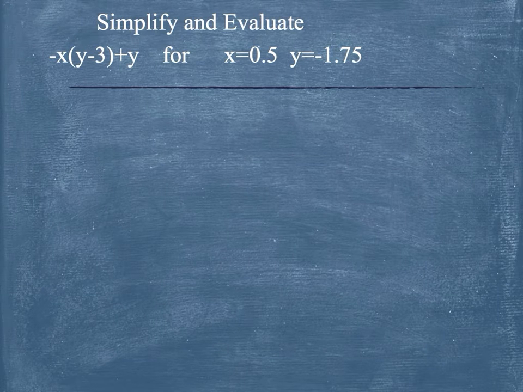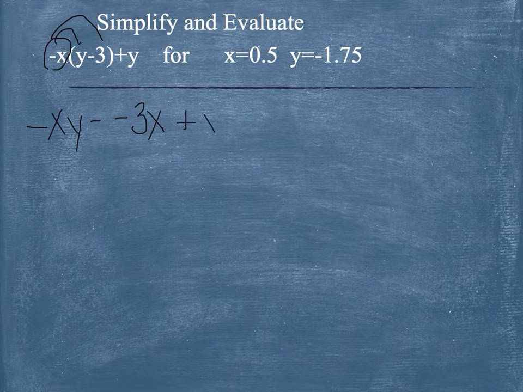Here I'm going to simplify before I evaluate. So I'm going to take my negative x and multiply it using the distributive property. So that'd be negative xy minus negative 3x plus y. We don't want to forget that right there. X is 0.5, y is negative 1.75.